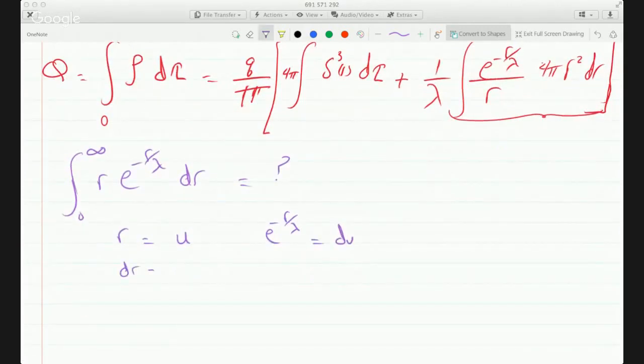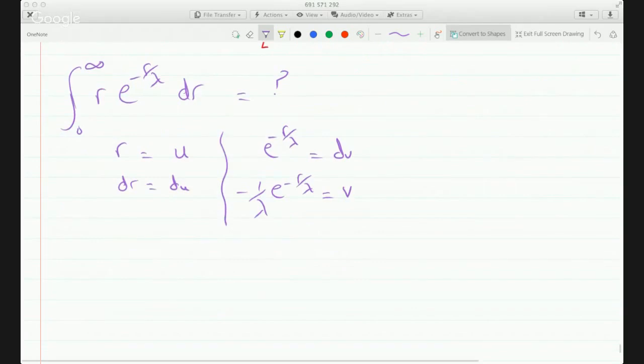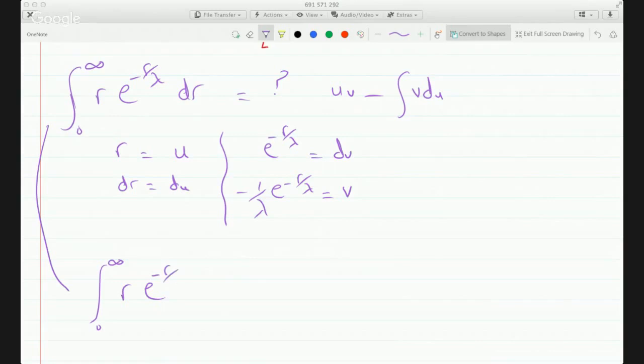So dr is du, and v is e to the minus r over lambda multiplied by minus 1 over lambda. This is v. So this is going to be uv minus integral of v du. So let's continue it here.